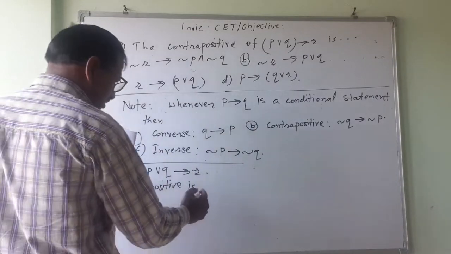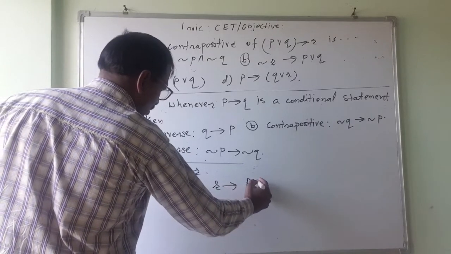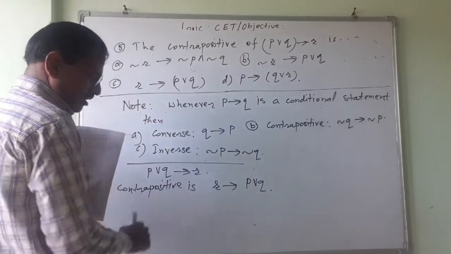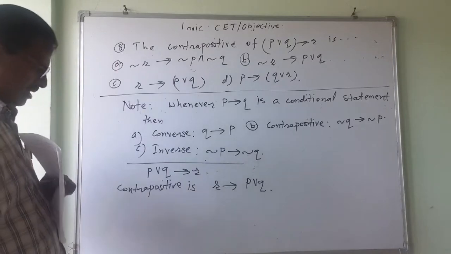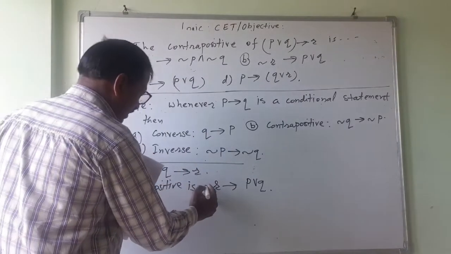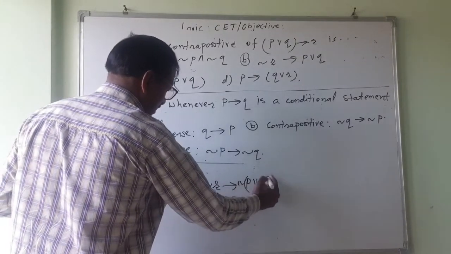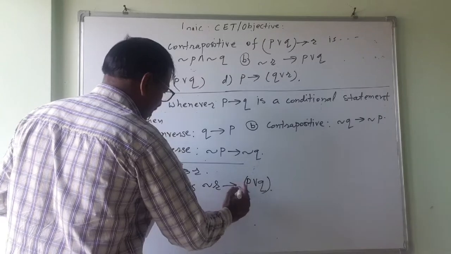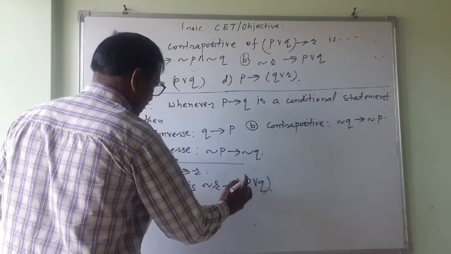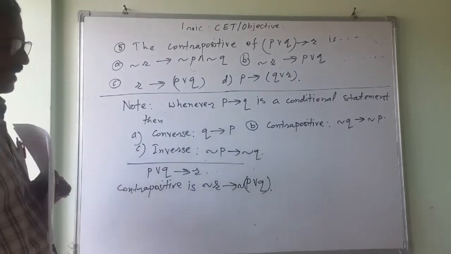Make the converse: R implies P or Q. This is the converse. For that, make negation, for this, make negation. That means if I do the negation on both sides of the converse, then it will become the contrapositive.